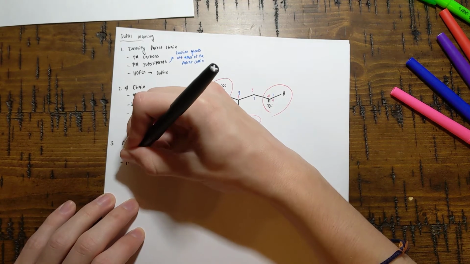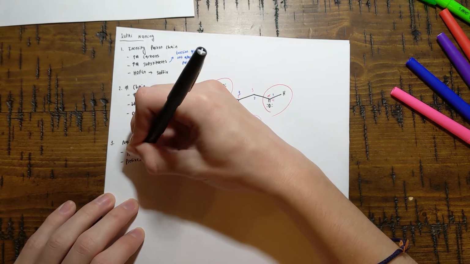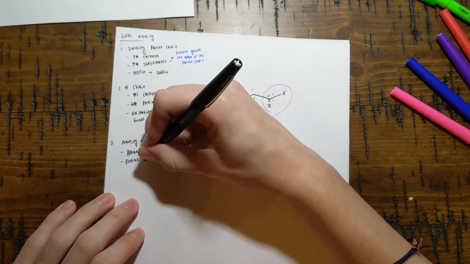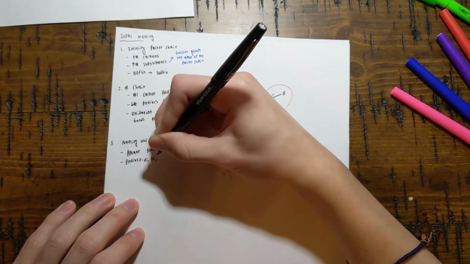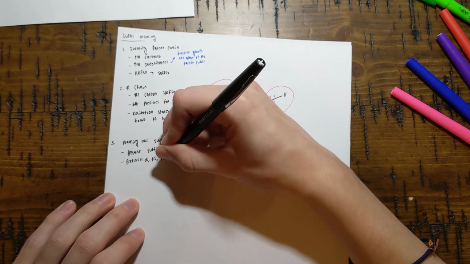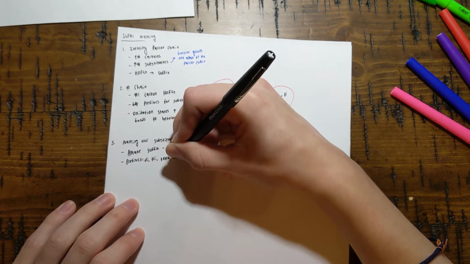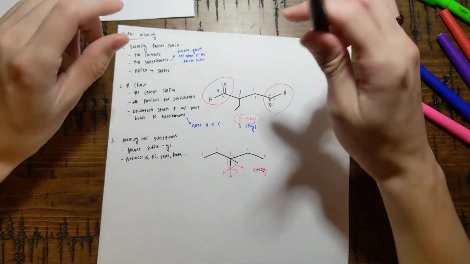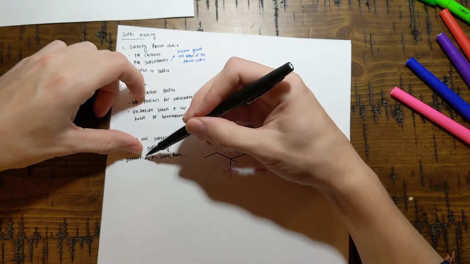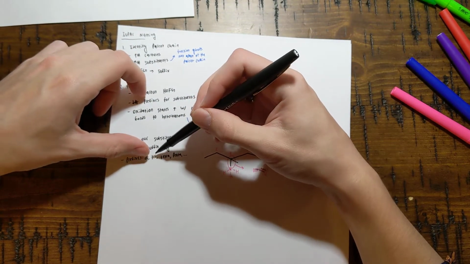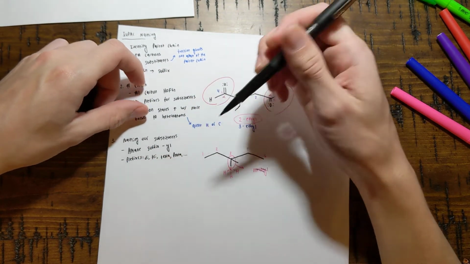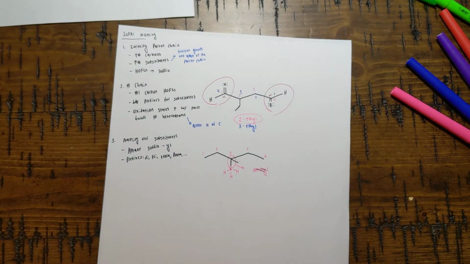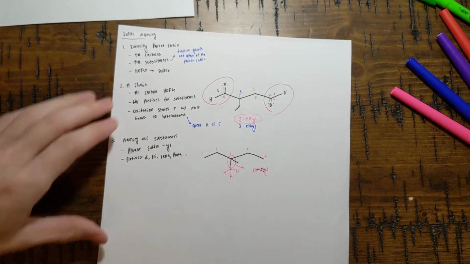So our prefixes will also depend on how many of that substituent we have. We only really need to know up to 5. It can continue, but if we have 2, it's di. If we have 3, tri. 4, tetra. 5, penta.